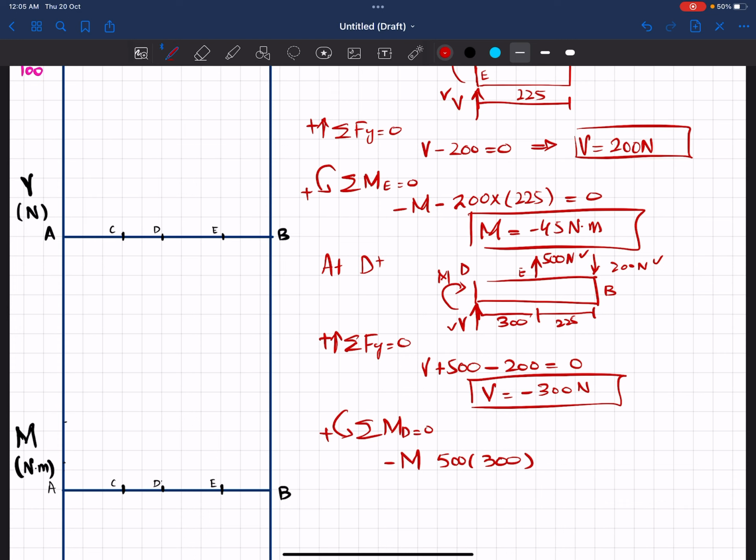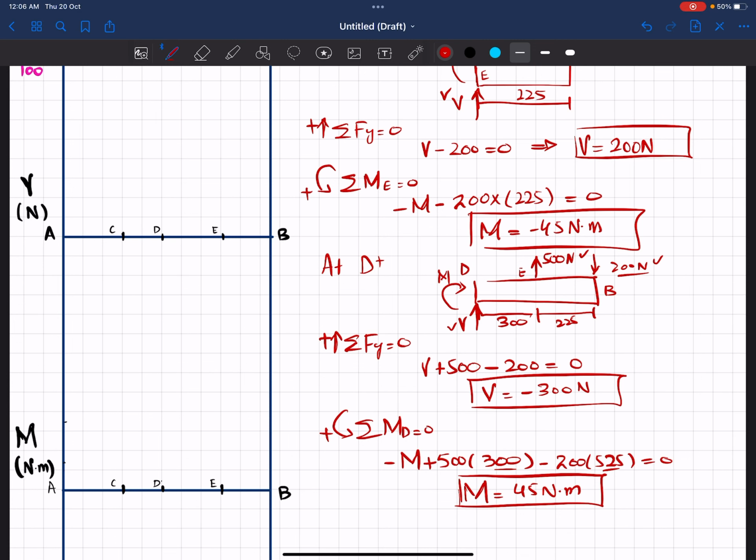This is producing counterclockwise, so it will be positive. The third moment is due to this 200 Newton load, so 200 into perpendicular distance, now 525, that is minus. Their sum must be equal to 0. When you solve this and convert millimeters into meters, you will get the answer 45 Newton meter.